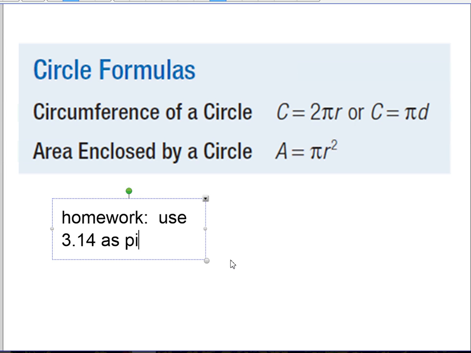So you have a chance of being off 1 or 2 decimal places for larger figures, and then the Hawk's learning could count it wrong because your rounded answer isn't the same as what they expect you to have when you use 3.14 instead of that pi button in the calculator. So make sure you're aware of that.